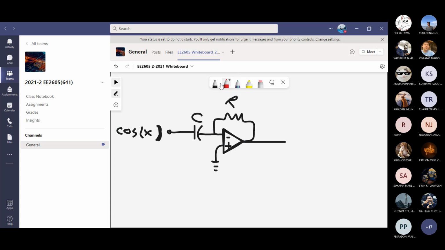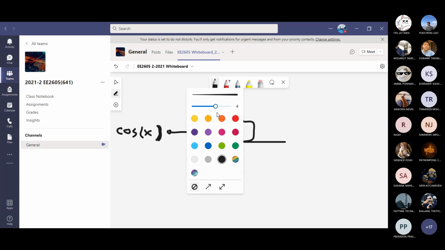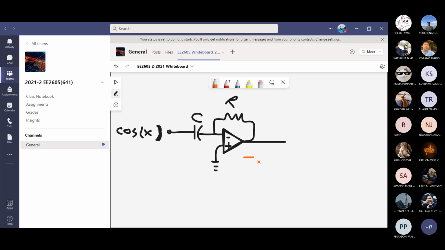What will you get on the output side? You're going to get minus RC and d dx of cosine x is equal to negative sine x. Isn't it?